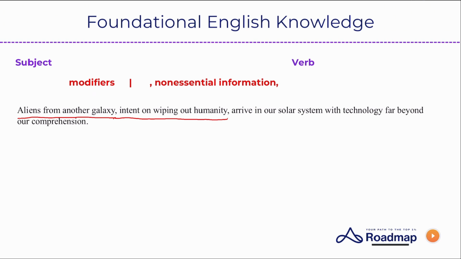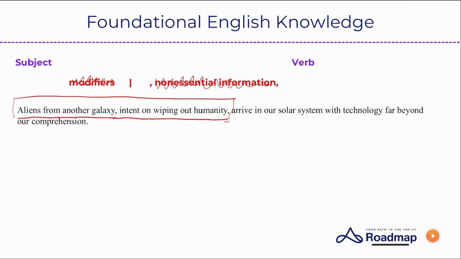And why is that important? It's important because, like I said, you'll never find your simple subject inside of these additional information things, right? Like modifiers and non-essential information. So the simple subject will never be found inside of non-essential information, and like prepositional phrases or relative clauses or participle phrases or things like that.